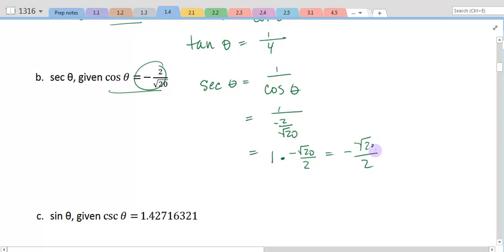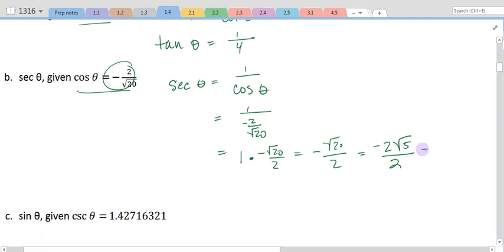This answer is not simplified in its entirety because I can actually simplify further the square root of 20. The square root of 20 would reduce to 2 square roots of 5, all over 2. And since I have this 2 outside of the radical and this 2 in the denominator, I can reduce this even further so that this looks like negative square root of 5. That's your final answer right there.